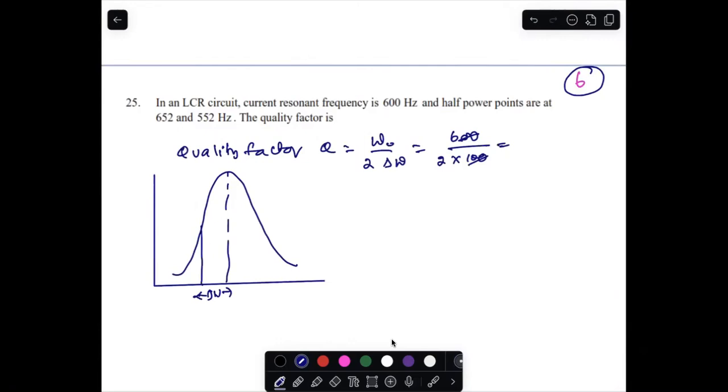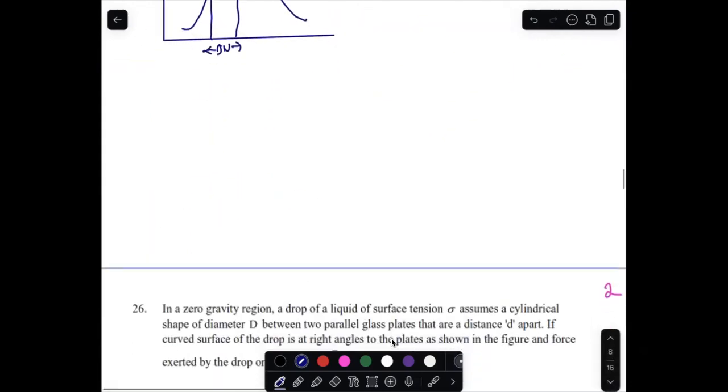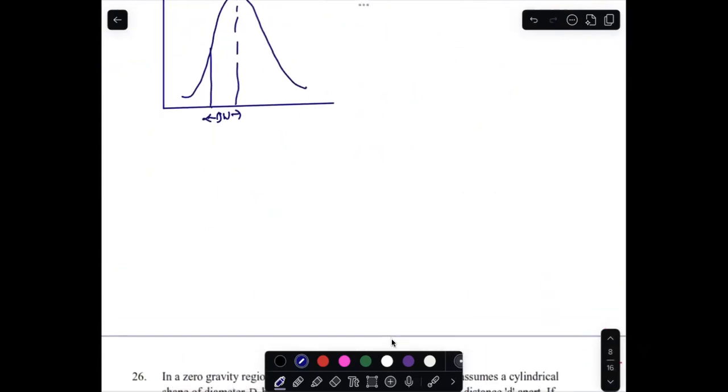Now 600 and 652. What is the difference? 52. 2 times 52. So nearly this is 100. So therefore nearly this is 6. Nearly, not exactly. Right. Earlier you said 2 delta omega.